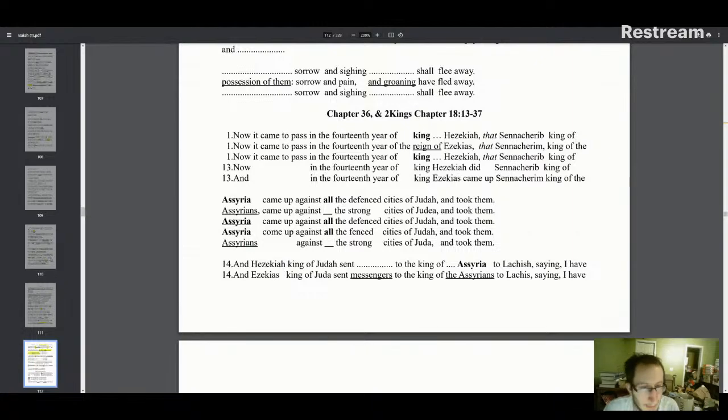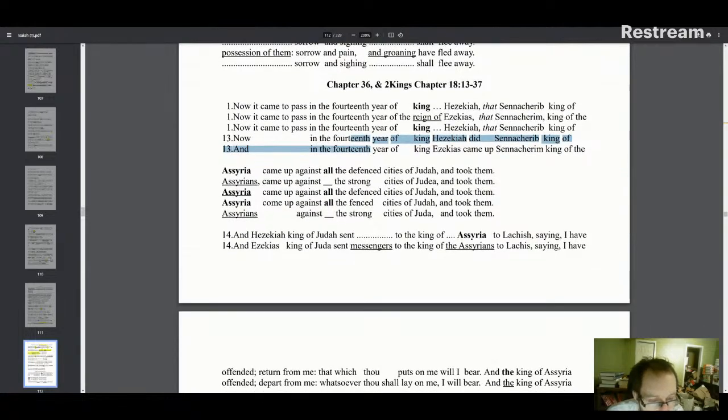Or it might just be 20. I'll double check. But yeah, let's go through some of these variants. Basically the first 3 lines are Isaiah. The second 2 lines are 2 Kings. The readings are so close to each other that we can use them as a version of Isaiah. So we'll be going through that now.